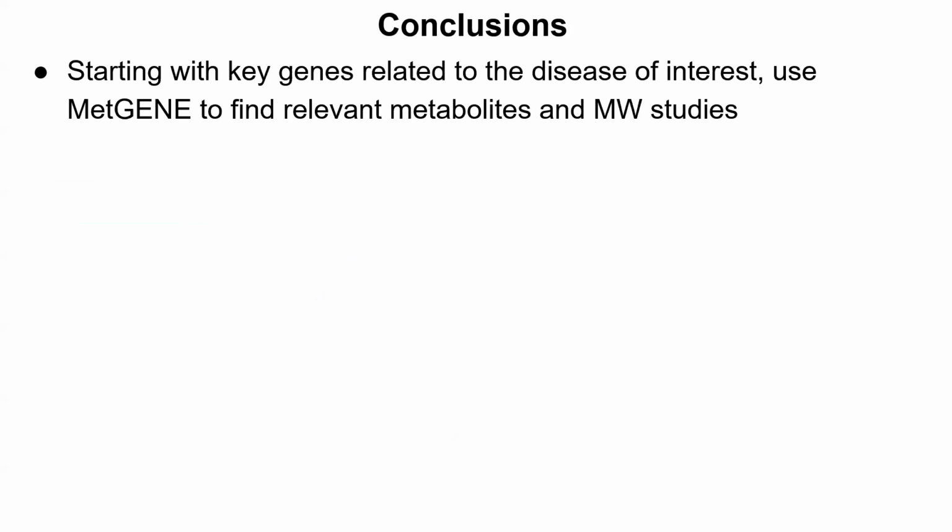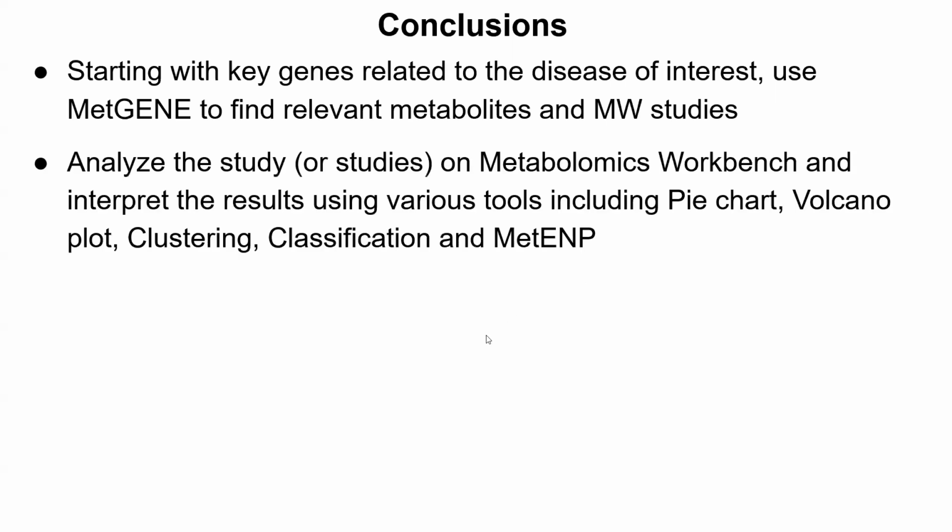So essentially, starting with the key genes related to the disease of interest, a user can use MedGene to find the relevant metabolites and Metabolomics Workbench studies, analyze these studies on Metabolomics Workbench using the tools available there, and then interpret the results using various tools, such as pie chart, volcano plot, clustering, classification-related analysis, and the METLP pipeline.